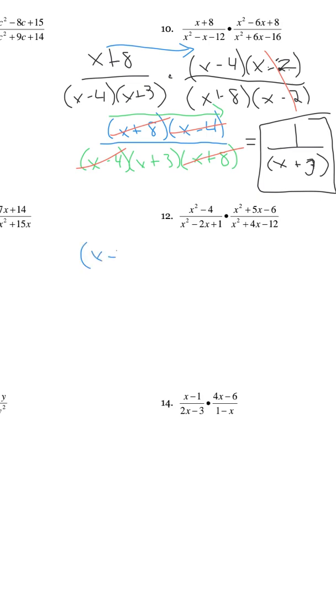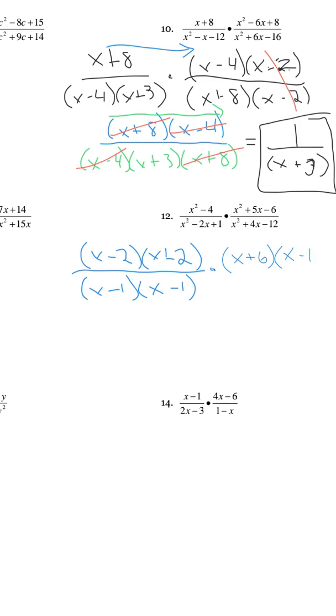So we've got x minus 2 times x plus 2 over x minus 1 times x minus 1 times x plus 6 times x minus 1 all over x plus 6 all times x minus 2.